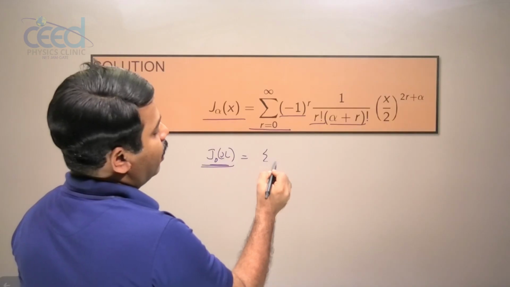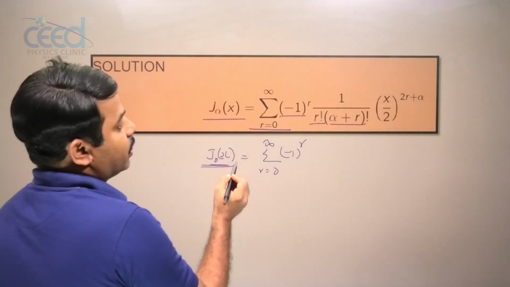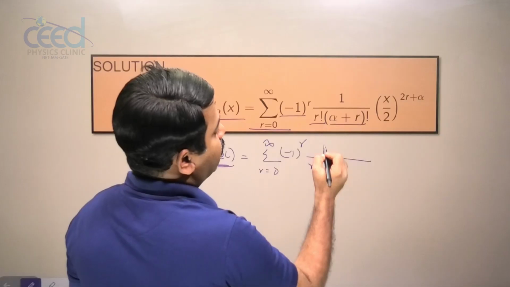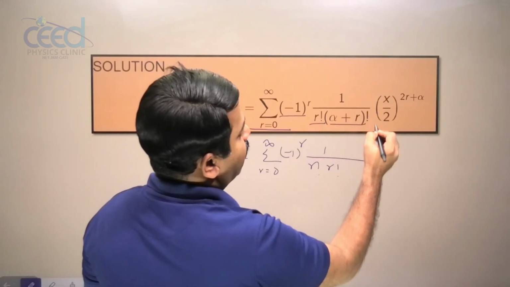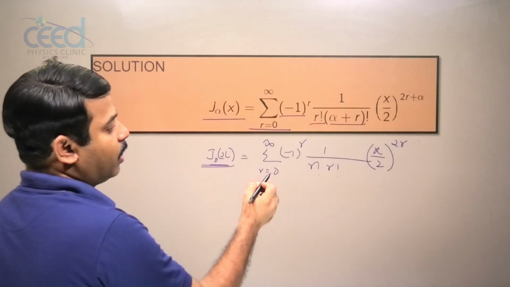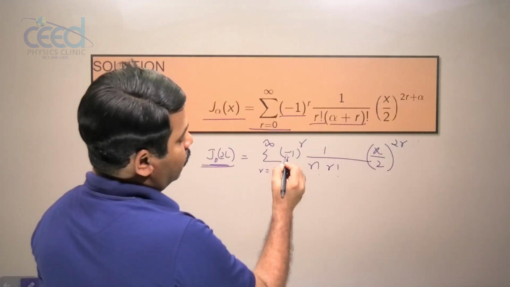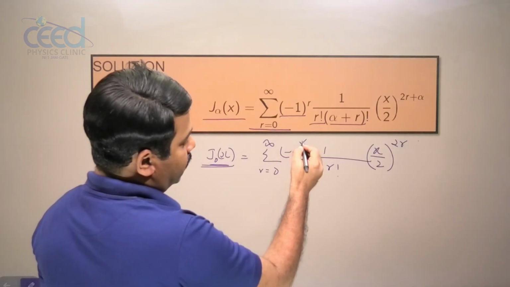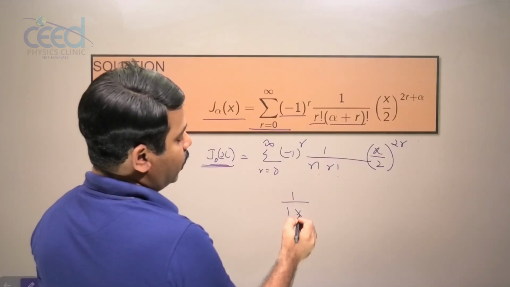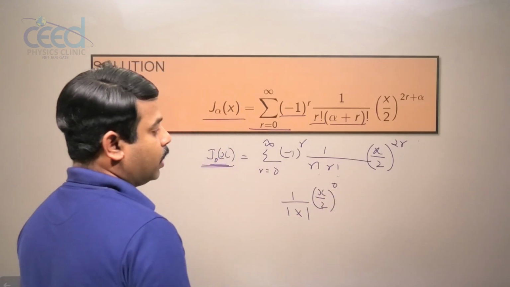J0 of x is sigma r equal to 0 to infinity, putting alpha equal to 0, with r factorial in both places and (x by 2) raised to 2r. Now put r equal to 0: we have (minus 1) raised to 0, that is 1, into 0 factorial, again 1, into (x by 2) raised to 0.